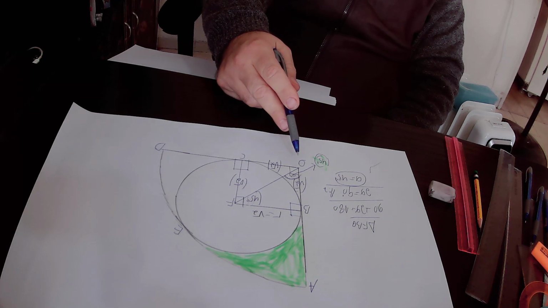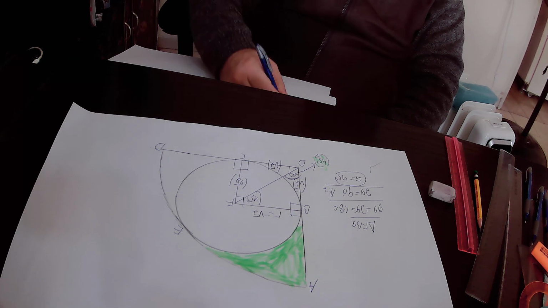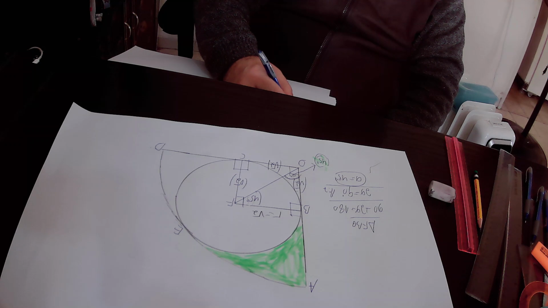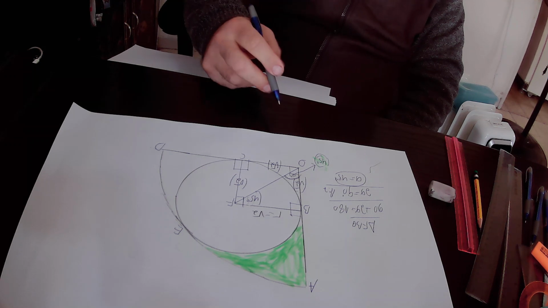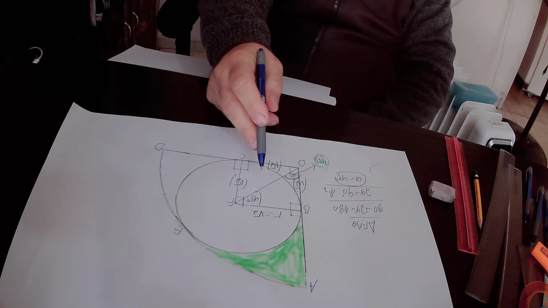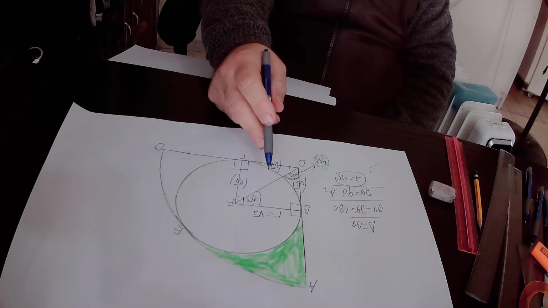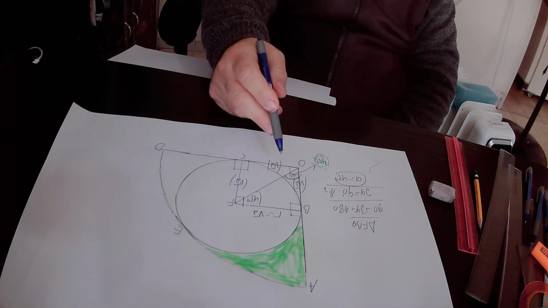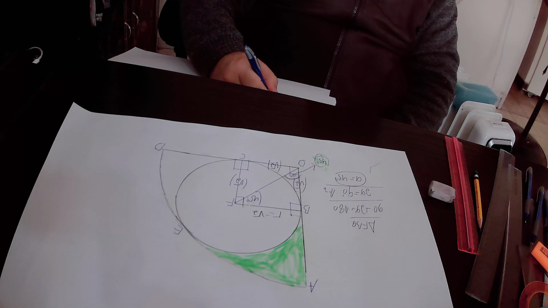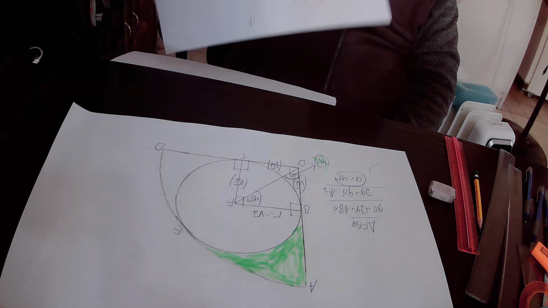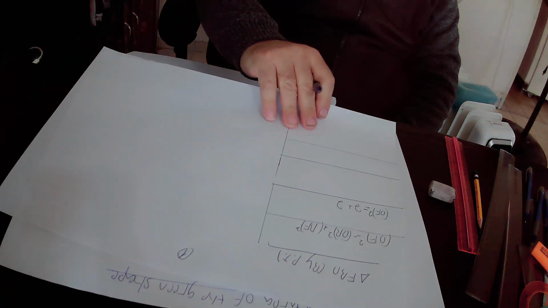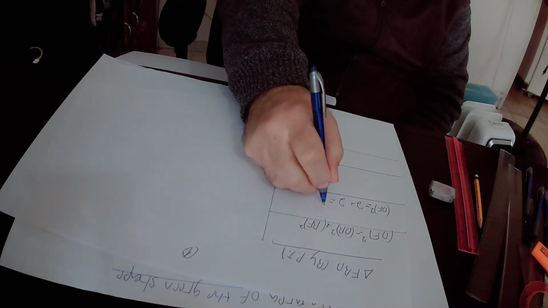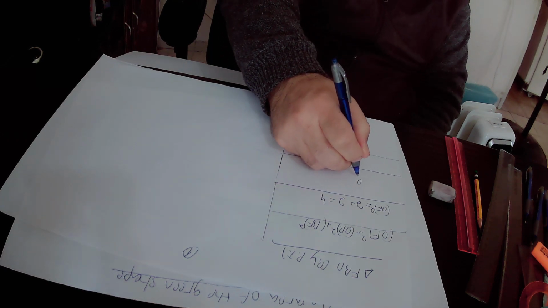OB is square root of 2, therefore OB squared is square root of 2 squared, that is 2, plus BF squared. BF is also equal to the square root of 2, therefore BF squared is square root of 2 squared, that is 2. So we conclude further that OF squared equals 2 plus 2, that is 4. OF squared equals 4.